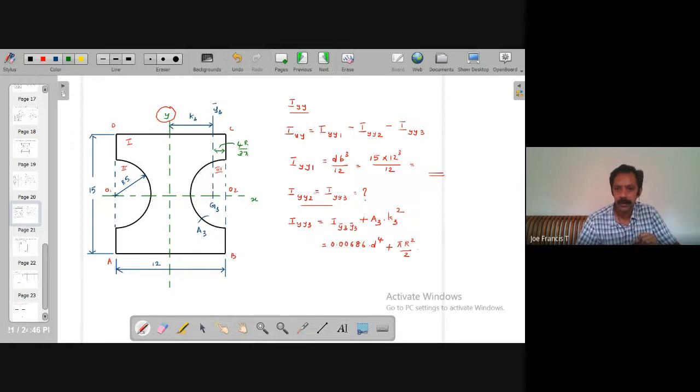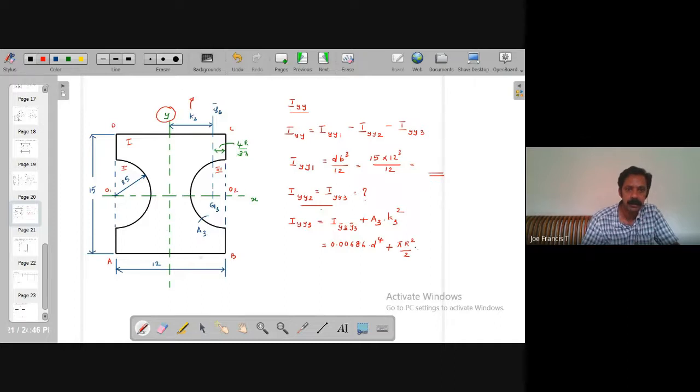So that K3 is now how much? 6 minus, so this value will become 6.